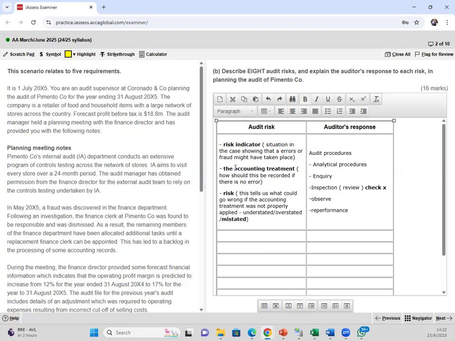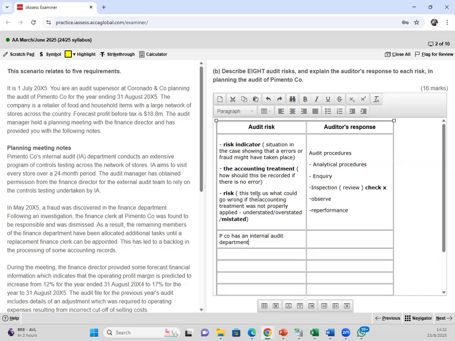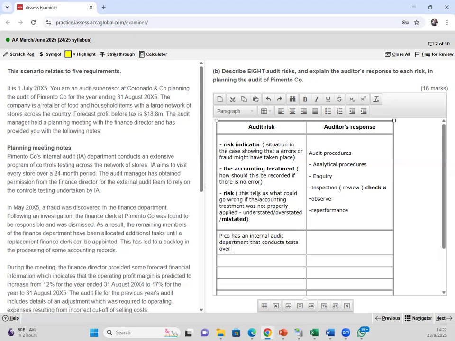So we can say that P company, which is the firm we are auditing, has an internal audit department that conducts tests over a 24-month period.